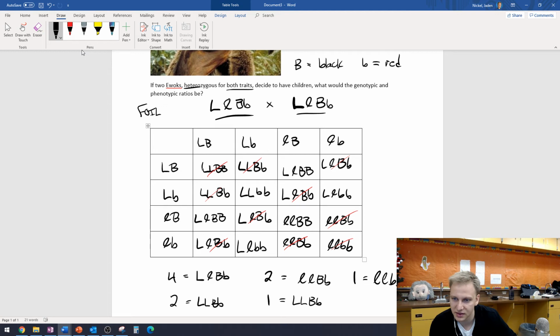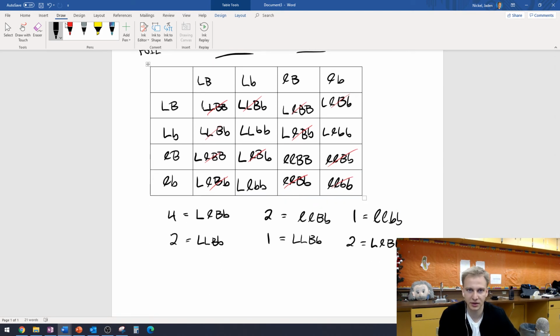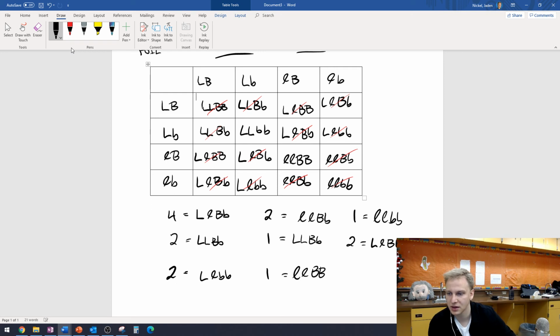We can see that we have 2 of these guys here, and 2 of these ones, and then we have 1 and we have 1 more. And so we find that we have 8, 10, 11, 12, 13, 14, 15, 16 different options, 16 options.